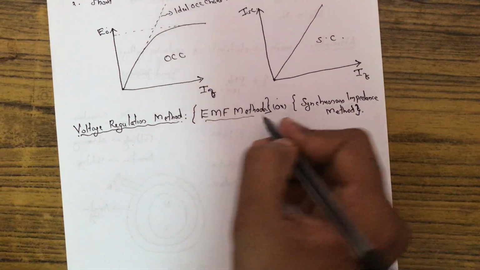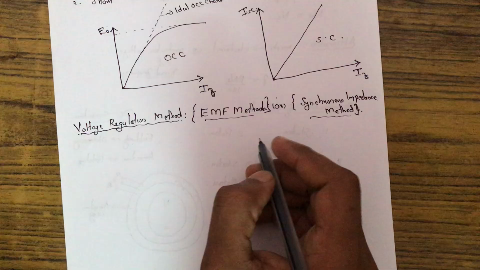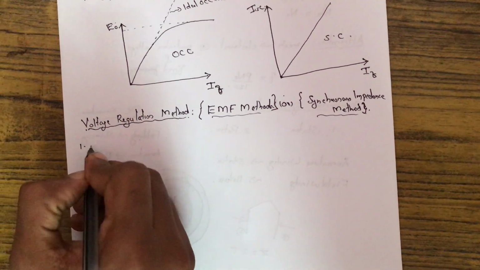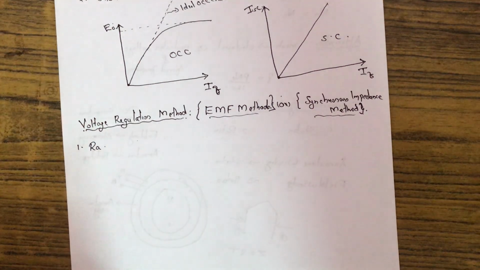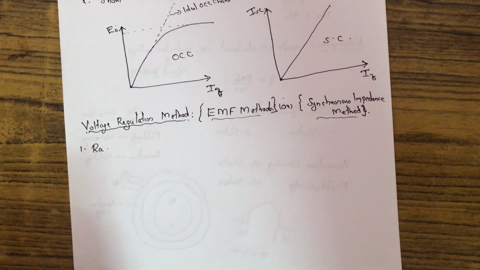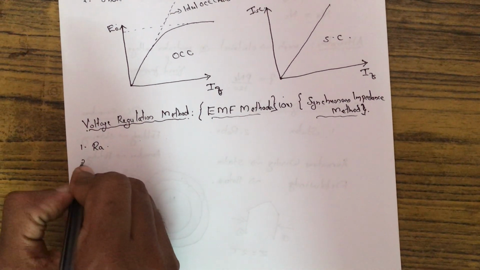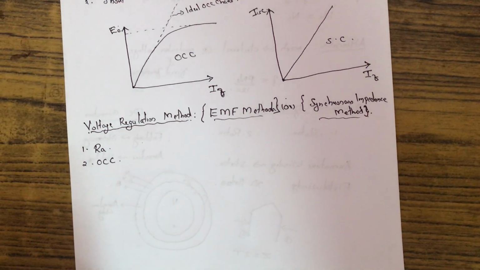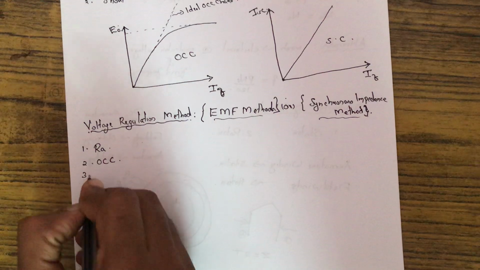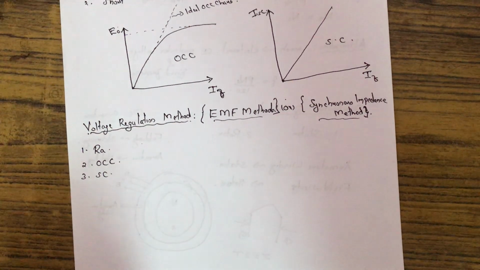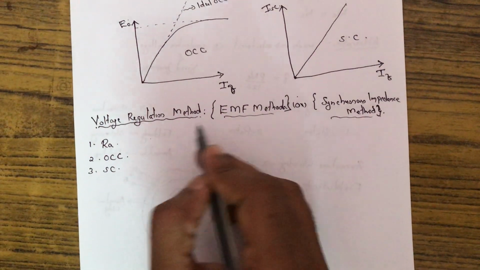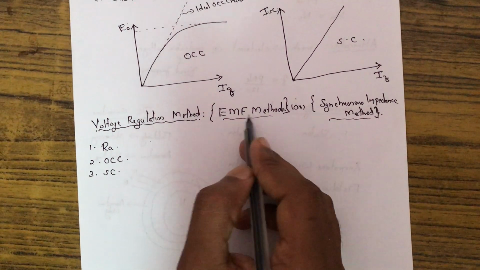For this method we need three important things. First, we need the value of armature resistance Ra. Second, we have to plot the OCC curve of an alternator, and third, we have to plot the short circuit curve of an alternator. So these three things are needed for doing the EMF method.